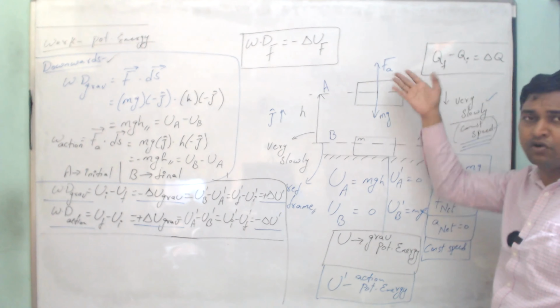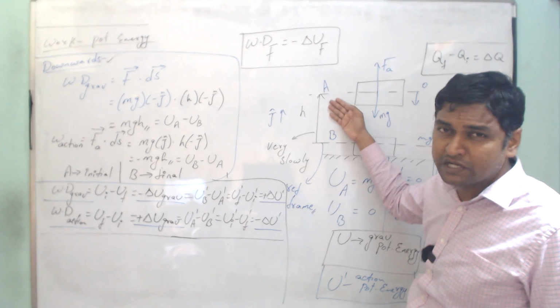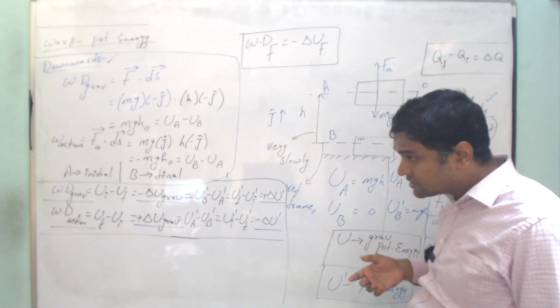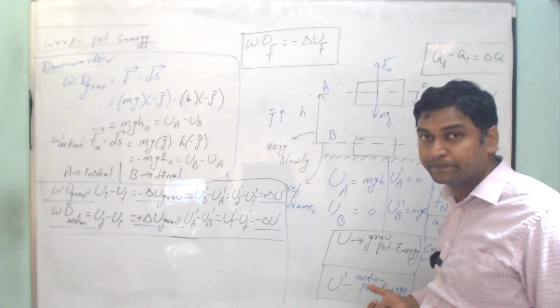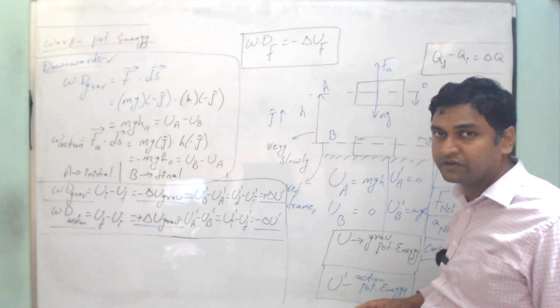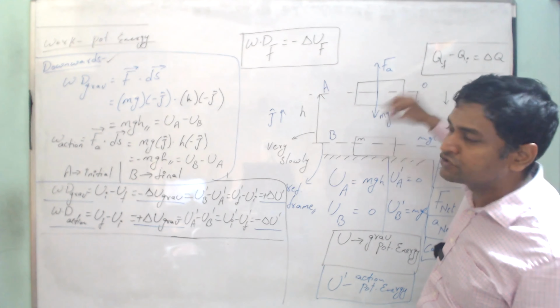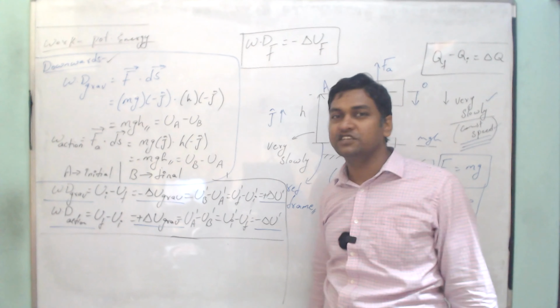If I leave the block, it will fall down. How much did it lose in gravitational potential energy? mgh. That means the change in gravitational potential energy is minus mgh. Are you getting my point? If you let a particular force do its own work, it will always reduce its own potential energy.